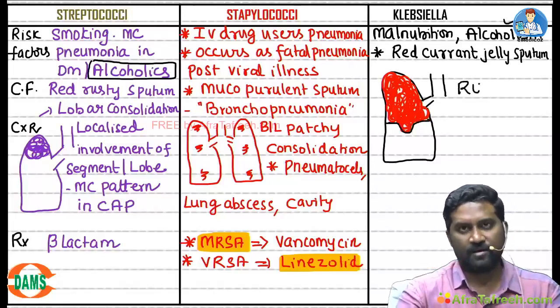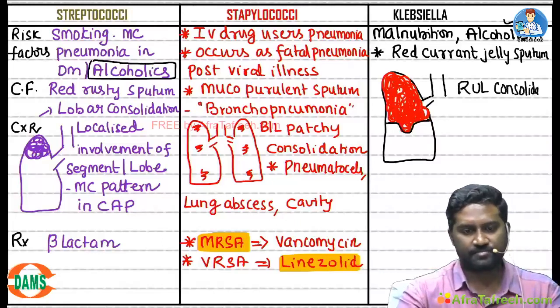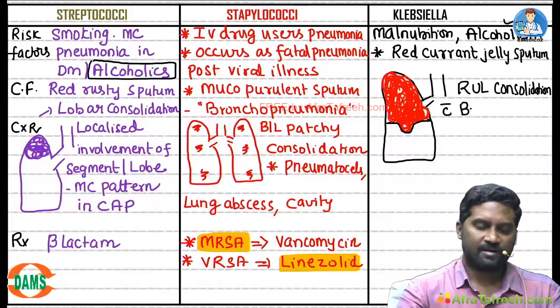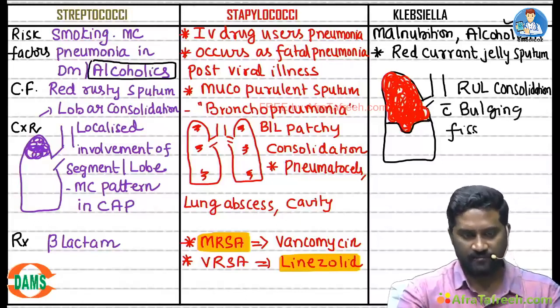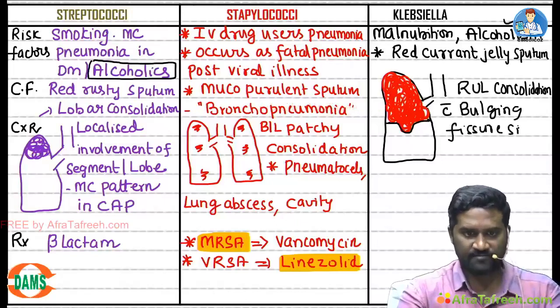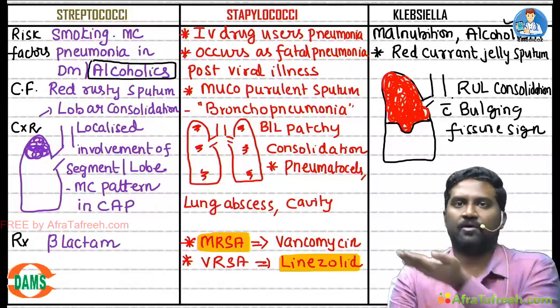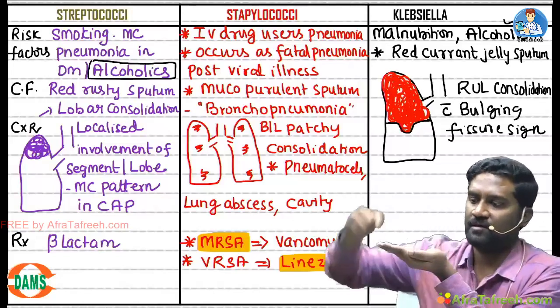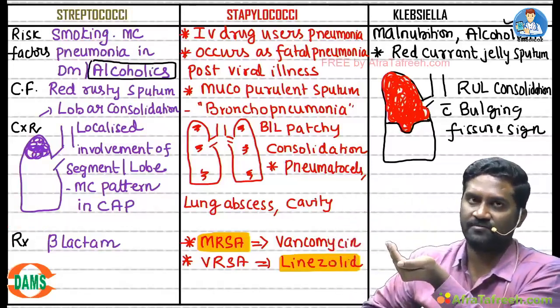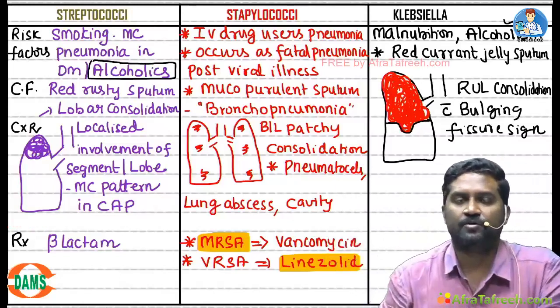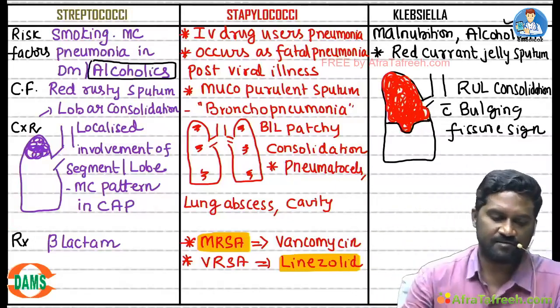There will be right upper lobe consolidation with the classical bulging fissure sign. Normally your horizontal fissure will be like this. Because of dense right upper lobe consolidation, your horizontal fissure will bulge down. This phenomenon is called the bulging fissure sign.